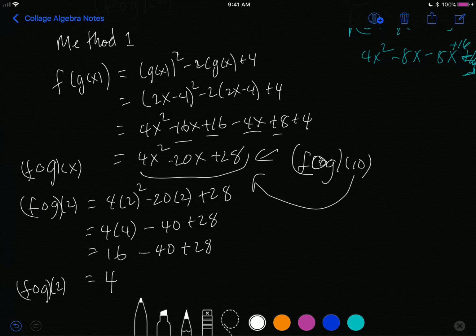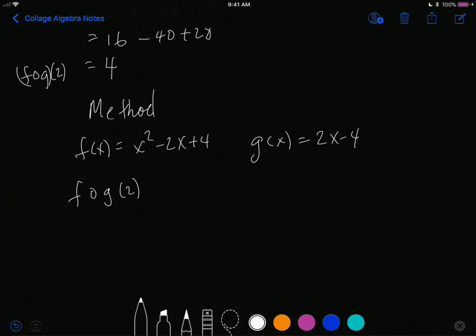The other way to work this problem out, so let me rewrite. Method 2. Again, I have my function f of x equals x squared minus 2x plus 4, and my second function g of x equals 2x minus 4, and I want to find f of g of 2.